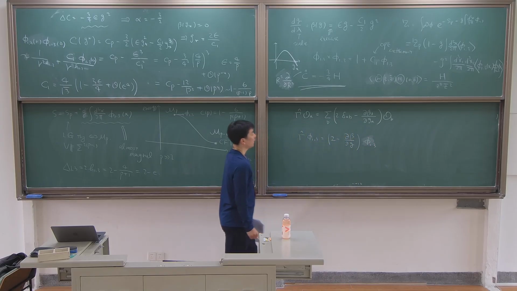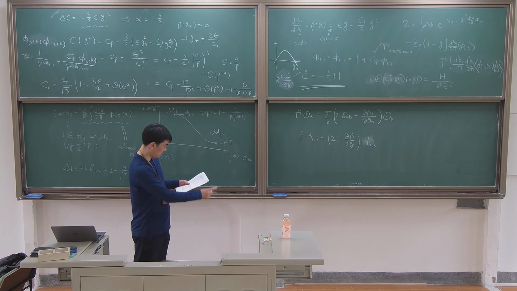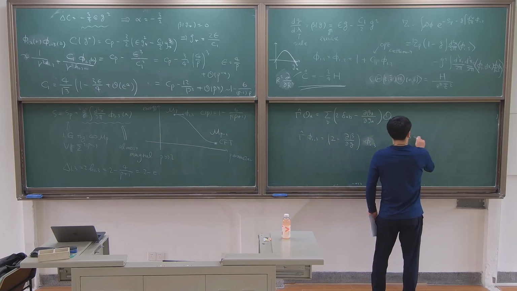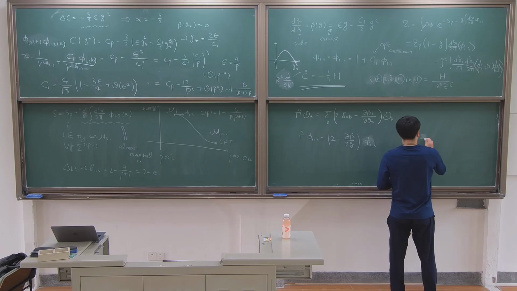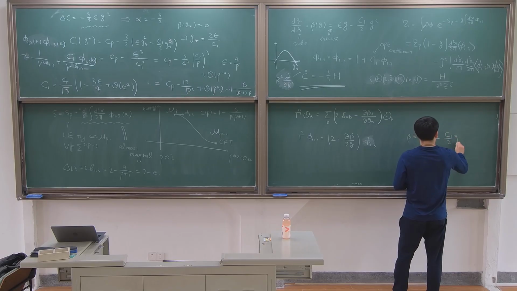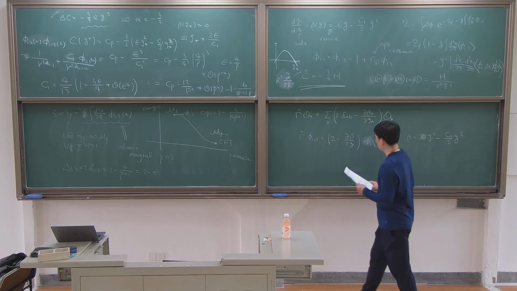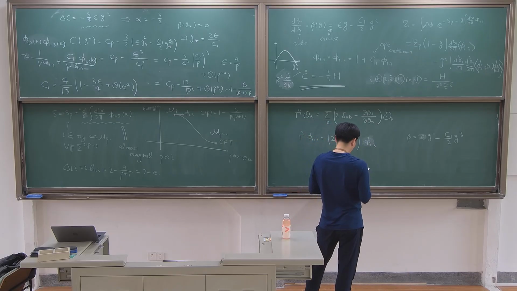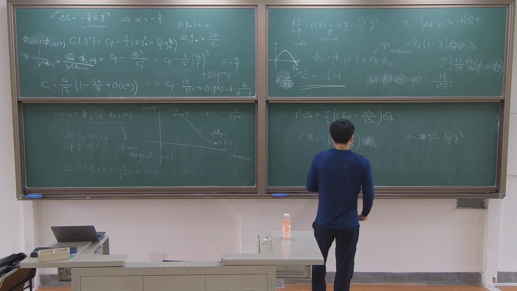Okay. And if you use the beta function, which is given by 2 epsilon g squared minus c1 over 2 g cubed, and then set g equal to g star.